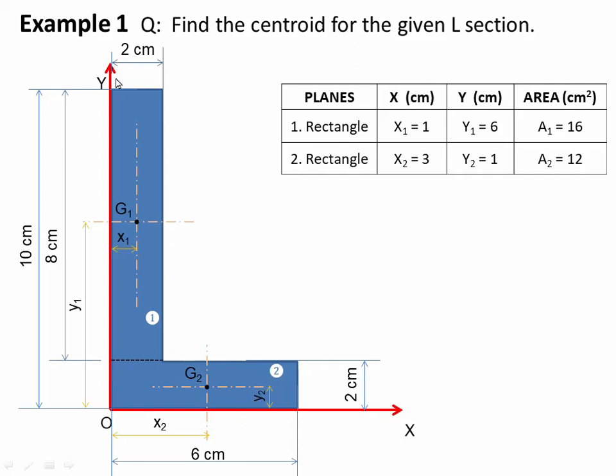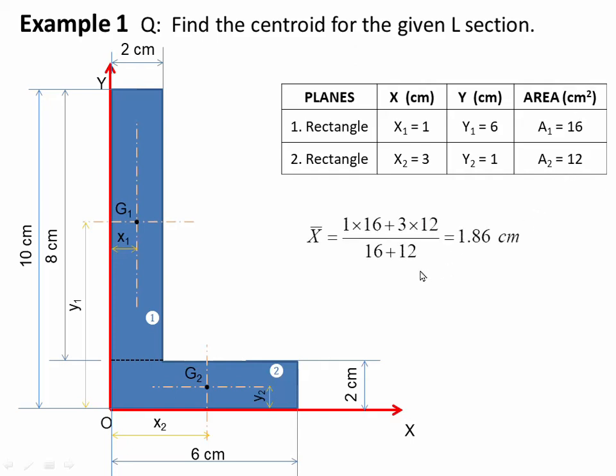The area A1 is 8 into 2, 16 centimeter square, and the area for the second rectangle is 6 into 2, 12 centimeter square.